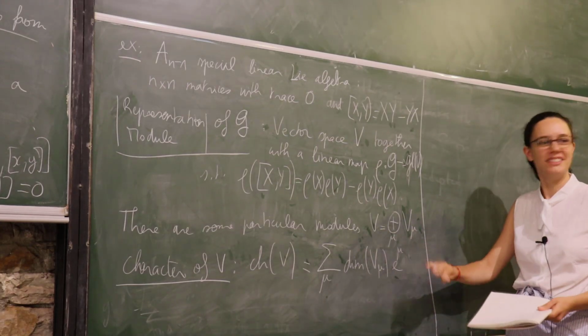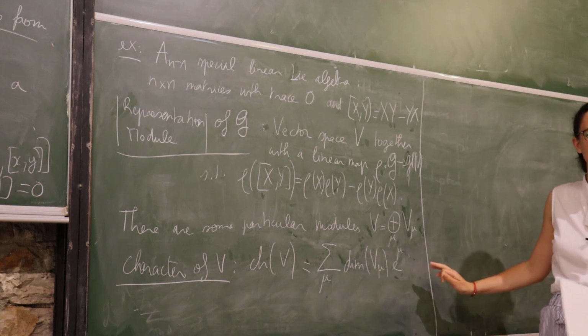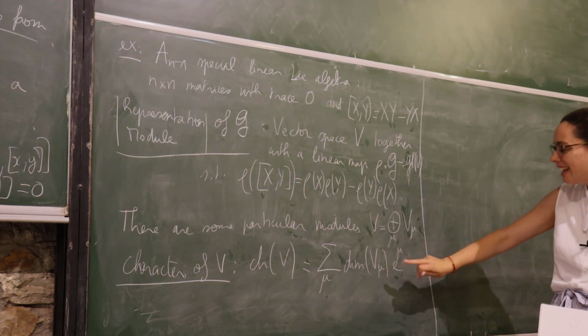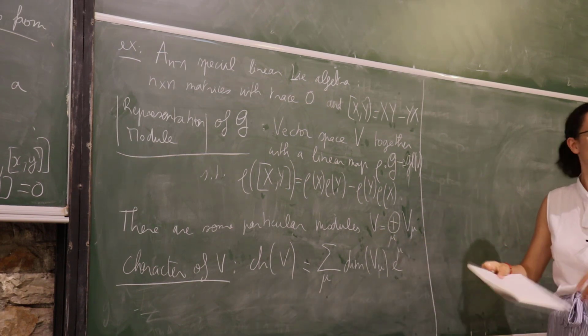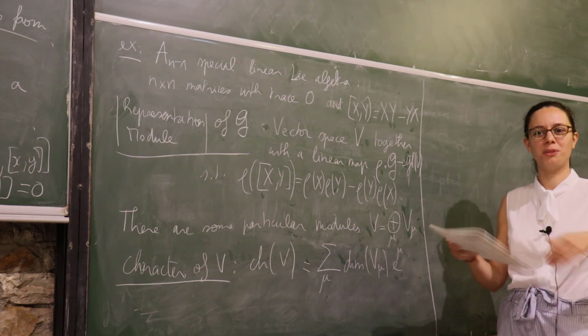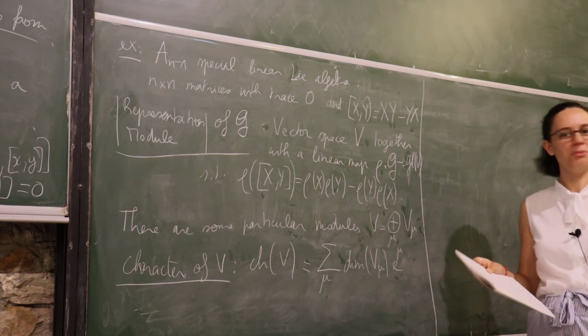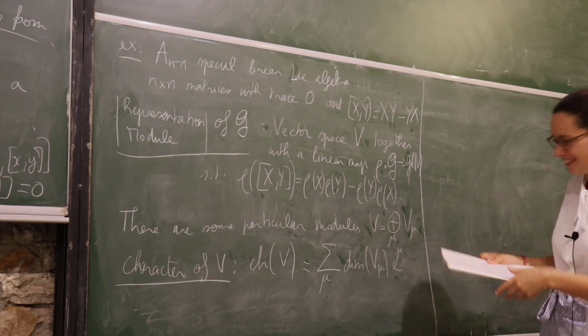You still don't know what mu is, so you don't know what exponential mu is either, but that's okay. You can just think of it as a formal exponential, so if you multiply exponential mu and exponential mu prime, you will get exponential mu plus mu prime, whatever that means.